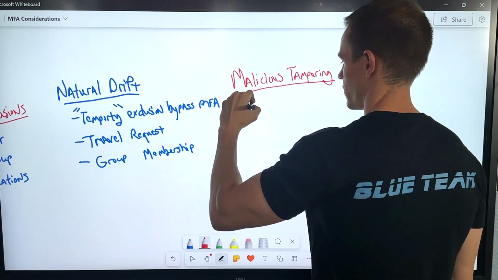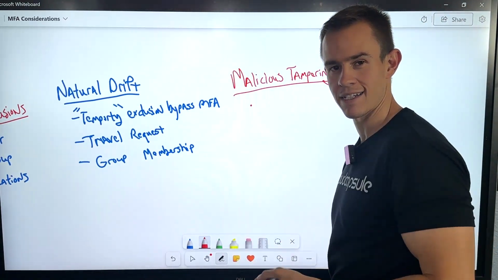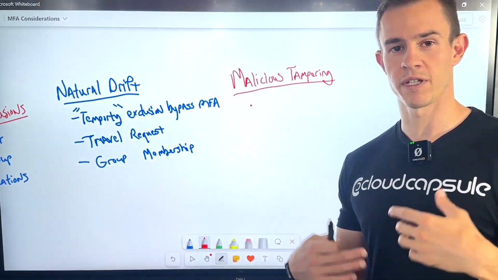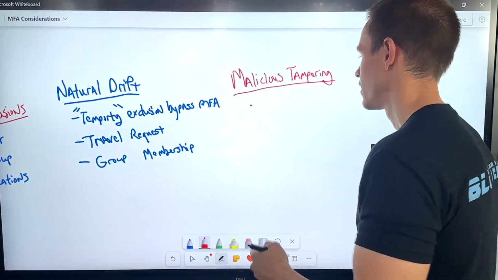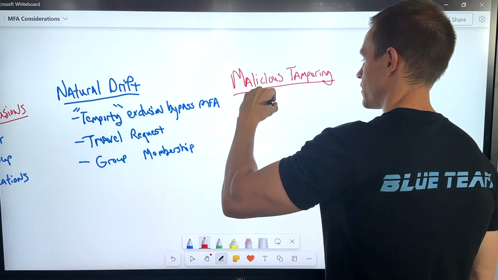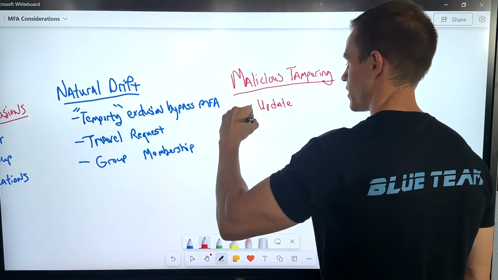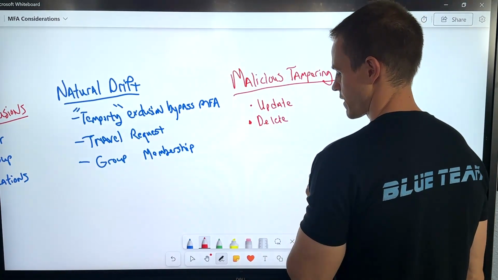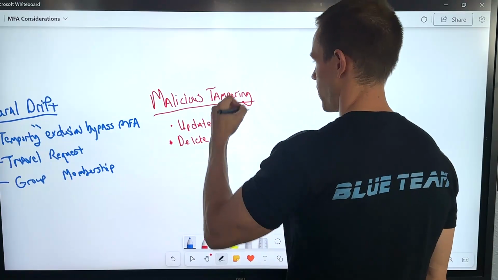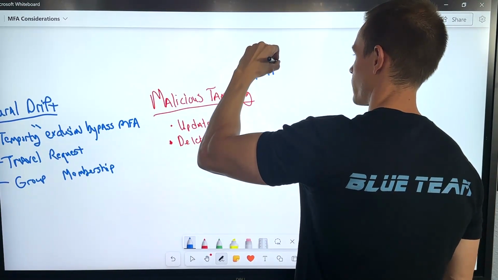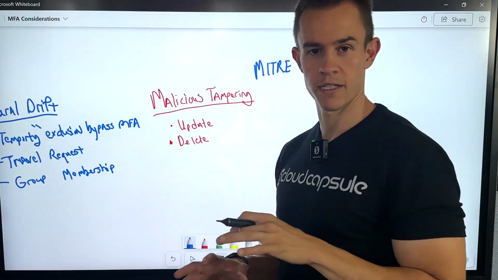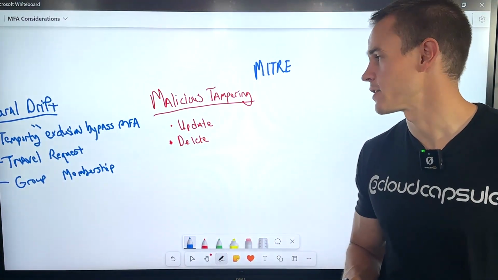And this is where a bad actor has gotten initial access and they have certain administrative privileges, not necessarily needing a global admin role. They could be a conditional access administrator, but they're either updating the conditional access policy or they're deleting it. And this is happening so much so that MITRE has actually even come out with their latest report with a technique specifically for conditional access modifications.